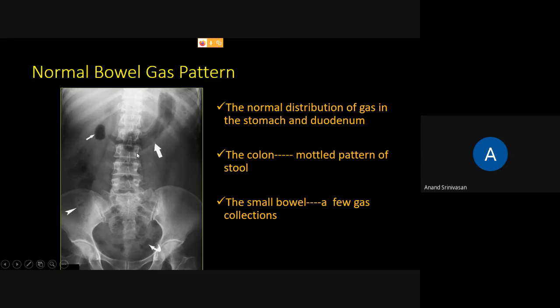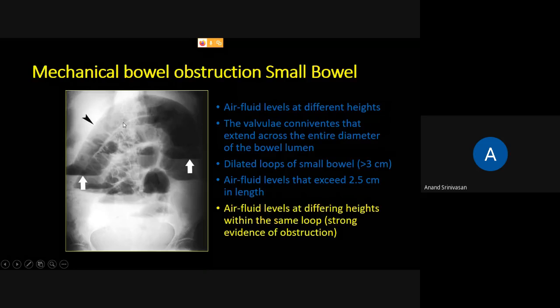Because of the gas in the stomach and the duodenum, you can also see a small part of the gas located along the course of the large intestine. In the small intestine, the gas is not that clear. In the large intestine, you can see some mottled gas appearance, some slightly radiolucent parts indicating the presence of gas.